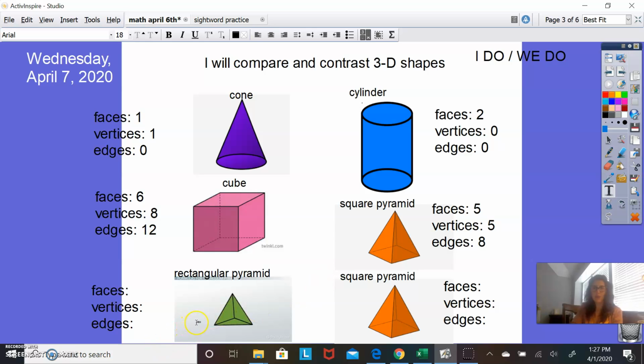So that is something that is the same between these two. Now, I want you to do the same for these two bottom ones. Here, we're going to do it all together as well. This is a rectangular pyramid, and this is the square pyramid that we just talked about up here. Can you guess why this is called a rectangular pyramid?